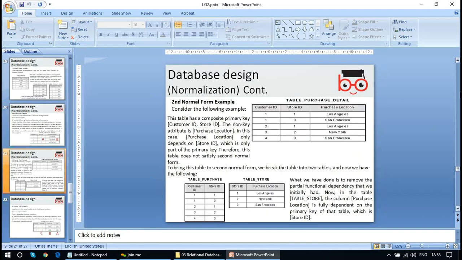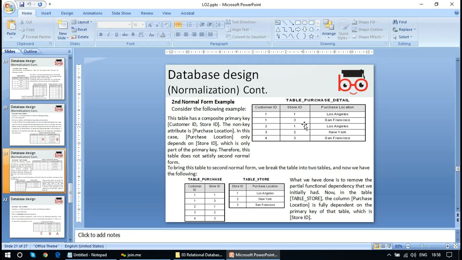Now if you look here, store ID 1 is Los Angeles, 3 is San Francisco, and this is a purchase table. Somebody wanted to store the customer ID and store ID.